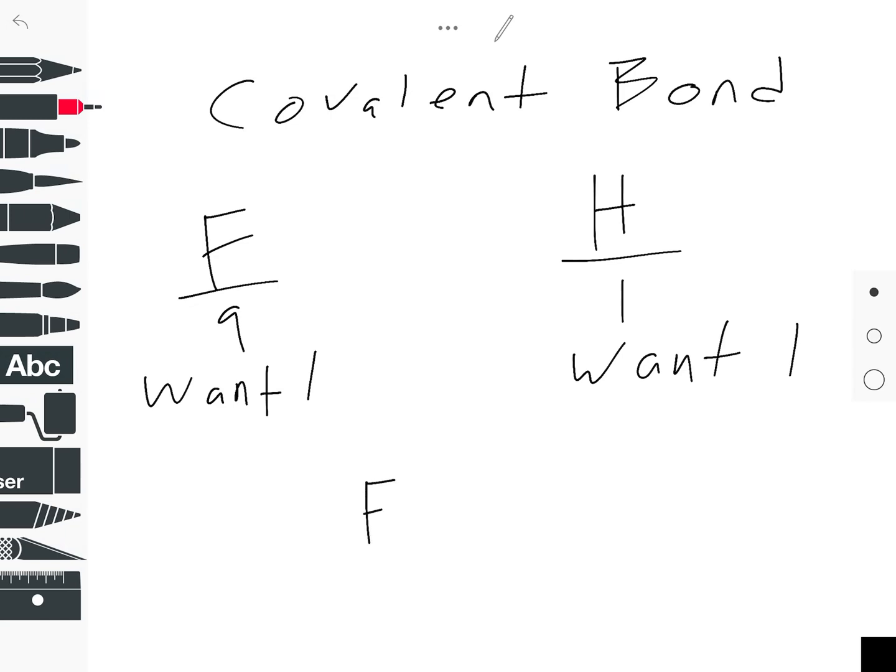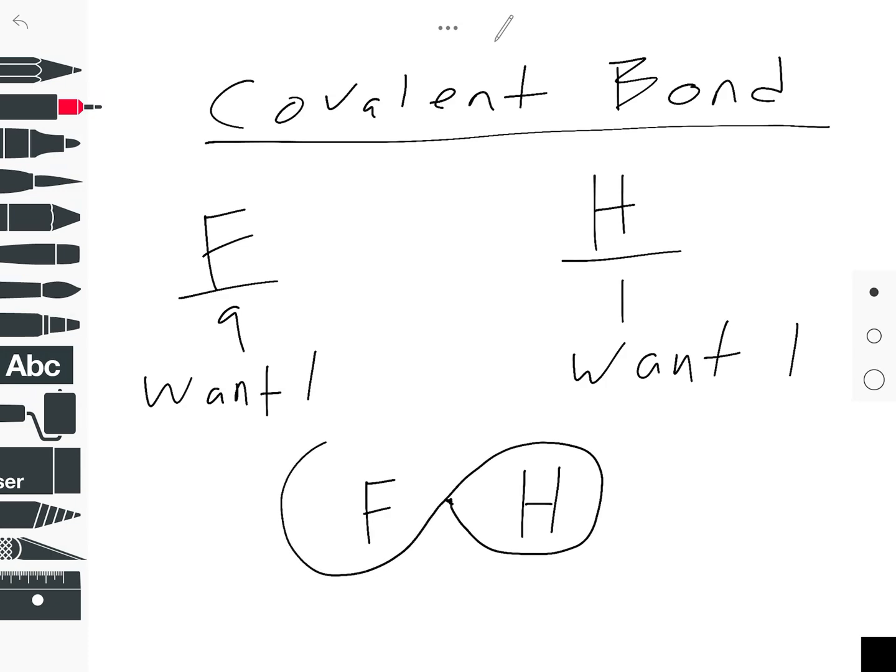So the way we can draw this, which is what this video is actually about, is you just draw an F and you draw an H, and then you can draw an electron being shared between them. So I like to draw it like this. Looks like an infinity symbol. So the electron's flying around both the fluorine and the hydrogen, and that's how a covalent bond works, okay?